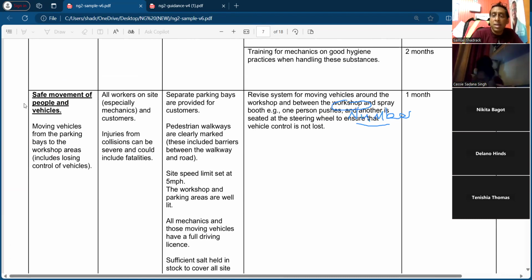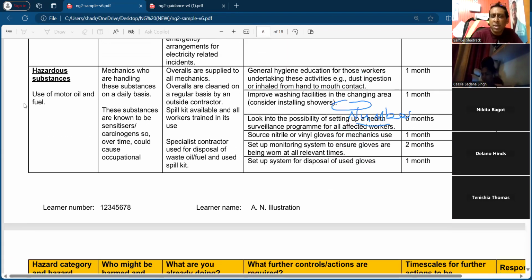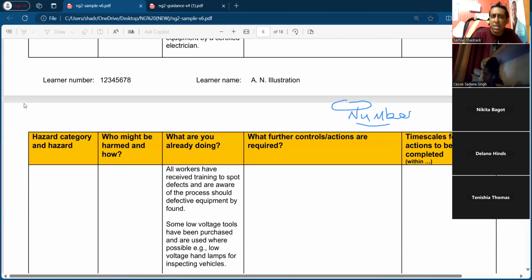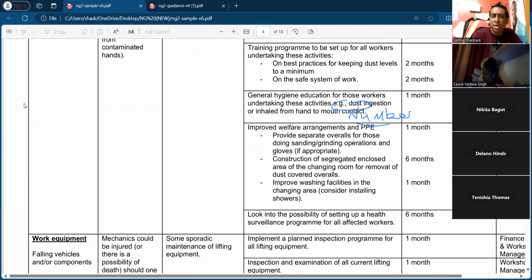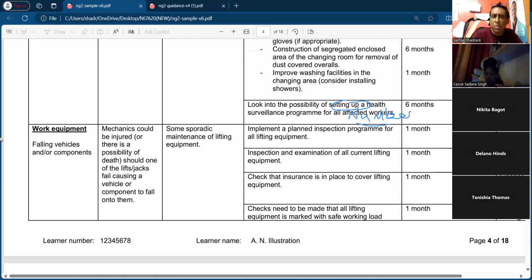Now, I think I said last night there's something wrong with this sample. I don't think I want to point out every single thing to you. I think if you follow my instructions, you would not make the mistakes the sample has. I think we saw what was wrong with this.